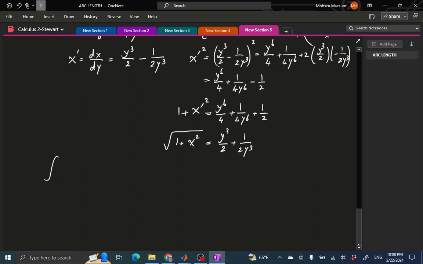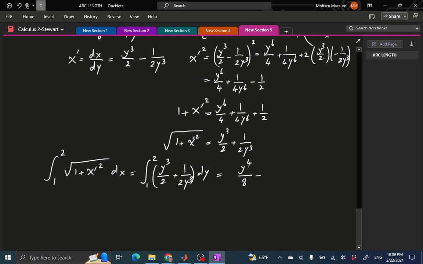In this problem, the integral from 1 to 2 of this expression, square root of 1 plus x prime squared, dy, is the integral from 1 to 2 of y^3 over 2 plus 1 over 2 y^-3 dy, which becomes y to the power of 4 over 8, and y to the power of minus 3 becomes y to the power of minus 2 over minus 2.